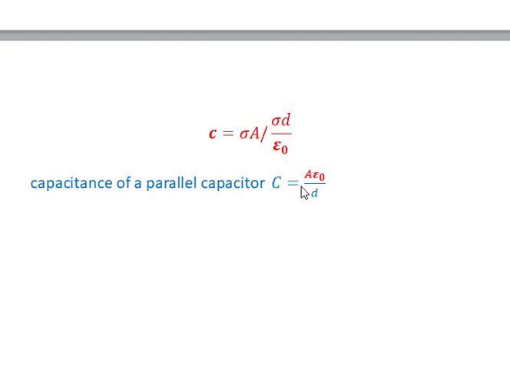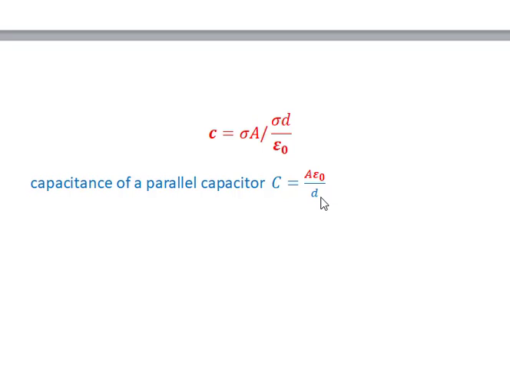So the capacitance depends directly on the area of the plates and the permittivity of the material present between plates A and B, and it is inversely proportional to the distance between the plates.